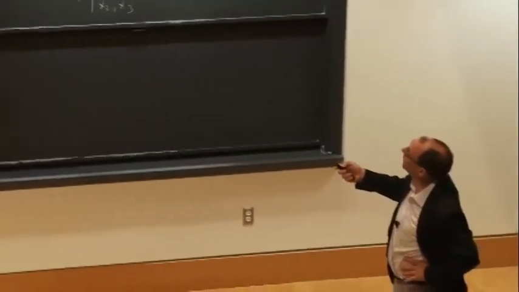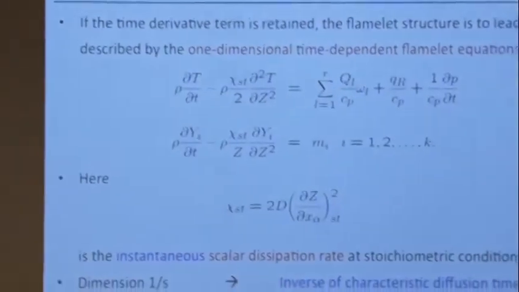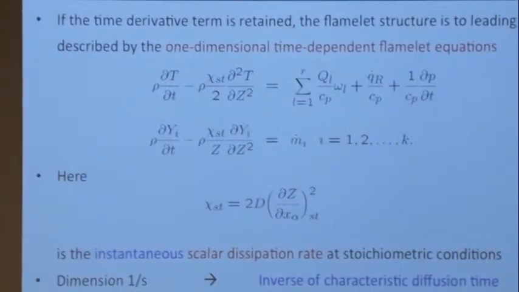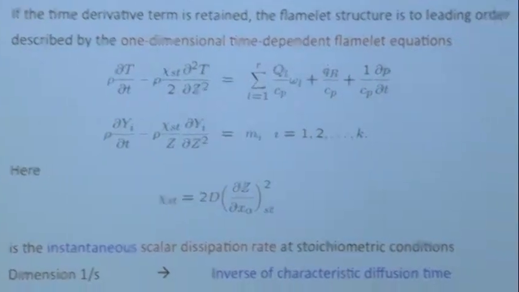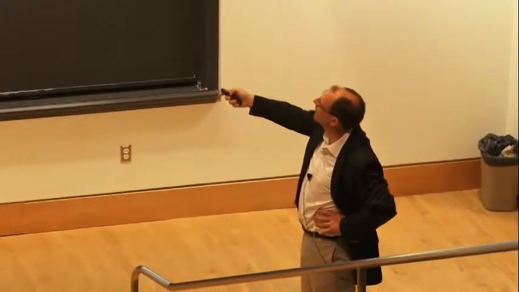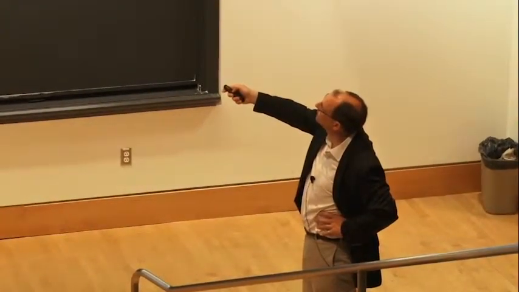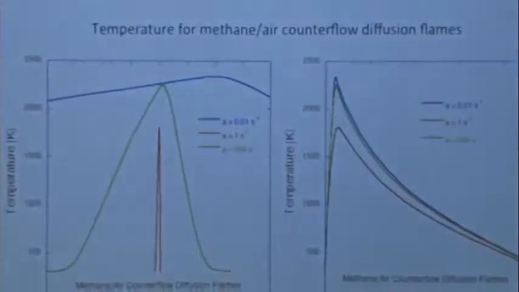Okay, so I talked about the dissipation rate. It's this thing here. Why does it appear? I said it's the local mixing rate. That is, of course, very important. But look at this here. I just want to show you why you get this parameter, the dissipation rate, or what it physically means.